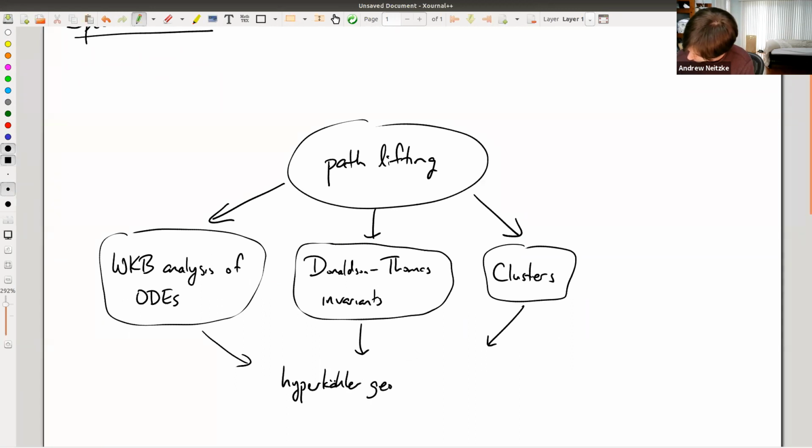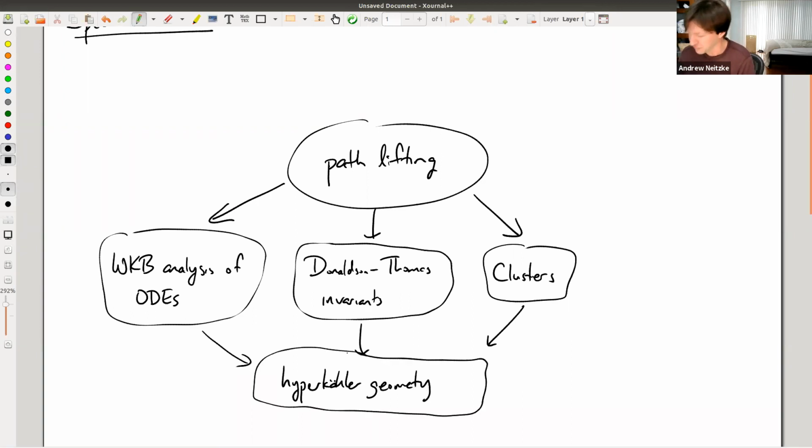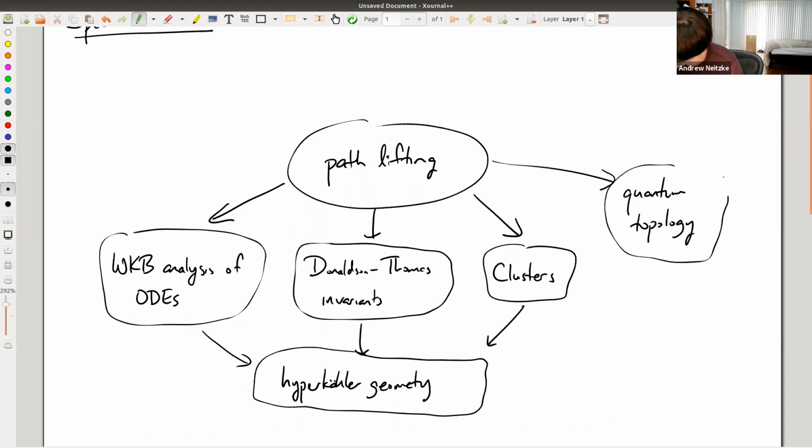So I'll just write hyperkähler geometry, which is, at least for me, the most exciting application of the construction. Let me also list another recent thing on the side: this path lifting also turned out to be connected to quantum topology, like the construction of the Jones polynomial and relatives of that.